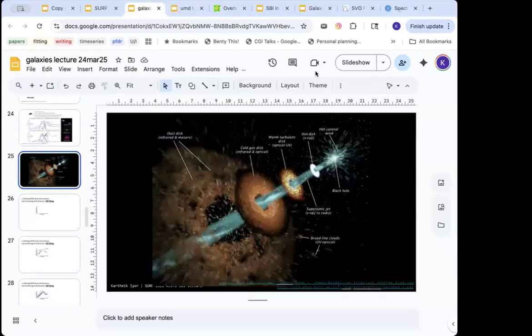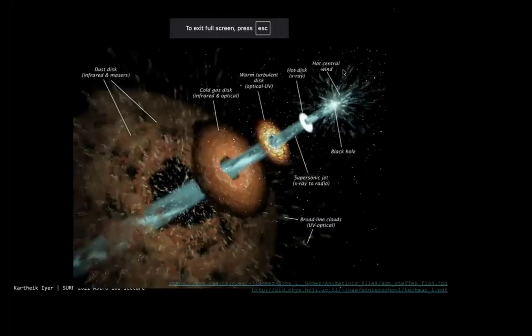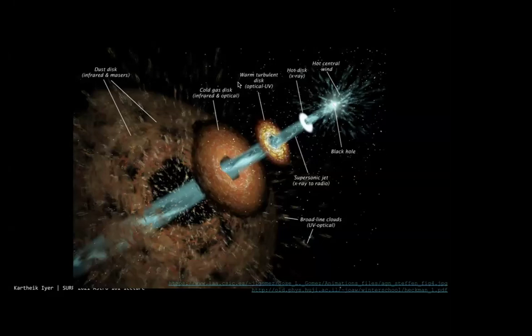So this is basically one graphic showing an exploded view of a galaxy, just splitting it up into all the different regions, including the area around a supermassive black hole. So this is a black hole sitting in the center of a galaxy, accreting material from all the gas and everything that's spiraling into the galaxy and then emitting at a range of wavelengths.